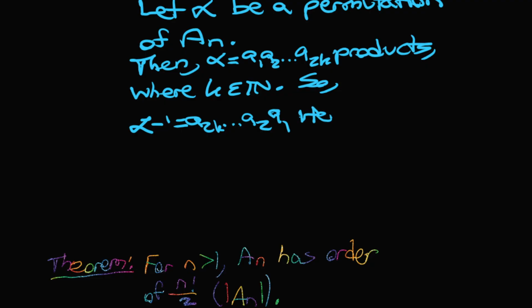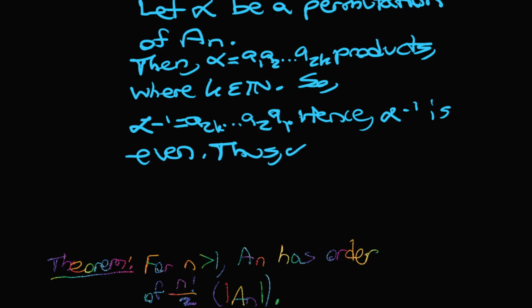So hence alpha inverse is even, and thus alpha inverse is in A of n.